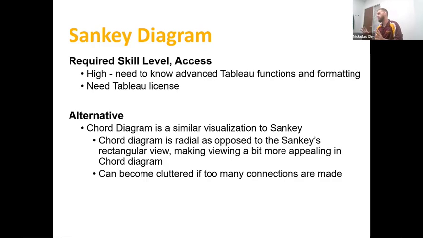I don't have a picture of that, but a chord diagram has your simultaneous view as well. You can see swirl in and swirl out in a radial view as opposed to the rectangular view. So it gives you a little less space to work with, but it's a little easier to read if you have a lot of colleges in there.